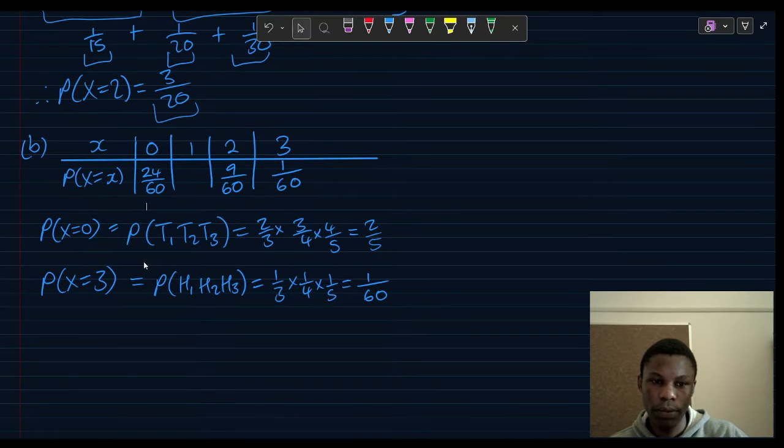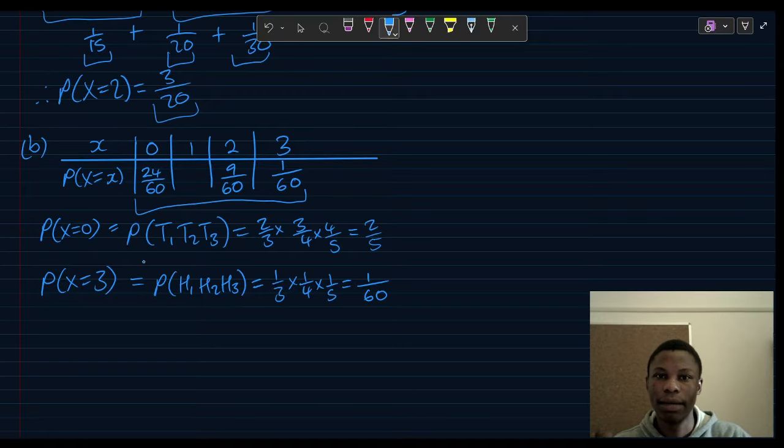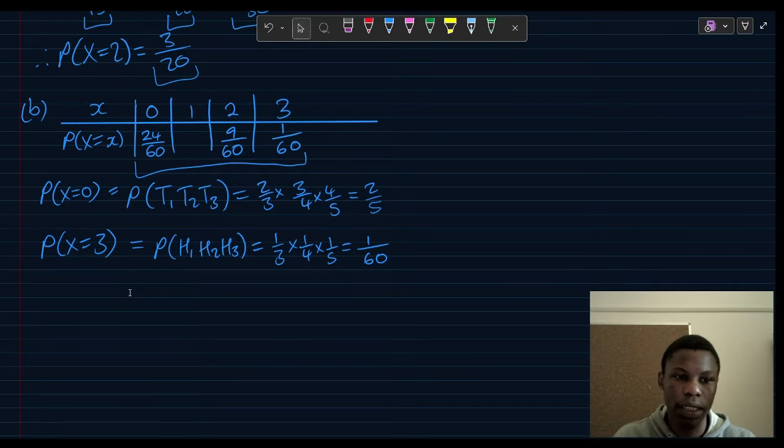And so for x is 1, you could actually just keep in mind that if I add up all my probabilities here, they should sum up to 1. So if I want this last probability, I can just say 1 minus all these probabilities that I have should give me the probability that x is 1, instead of manually evaluating it. Okay, so I think in that case, we'll do that because it is easier.